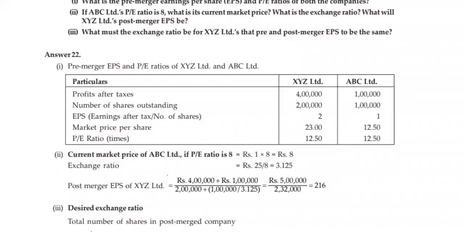The formula we need to use is: 4 lakh, that is the equity profit of XYZ Limited, plus the profit of ABC Limited, both profits we need to add, divided by the number of shares outstanding in XYZ Limited plus the number of shares outstanding in ABC Limited into bracket divided by the current exchange ratio, that is 3.125, bracket complete.